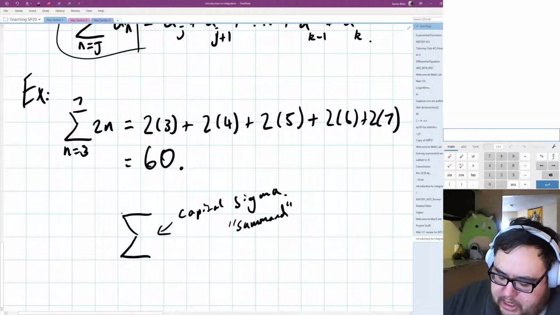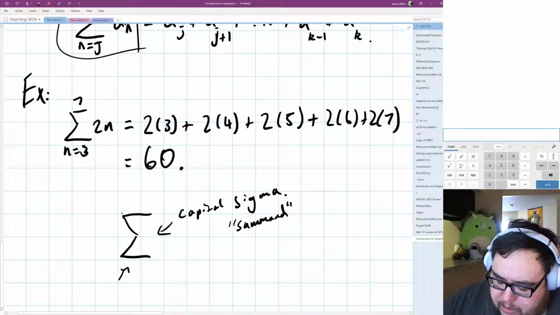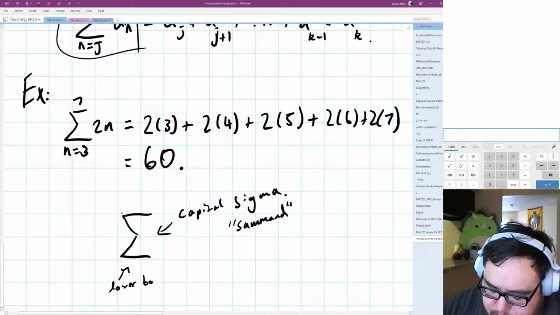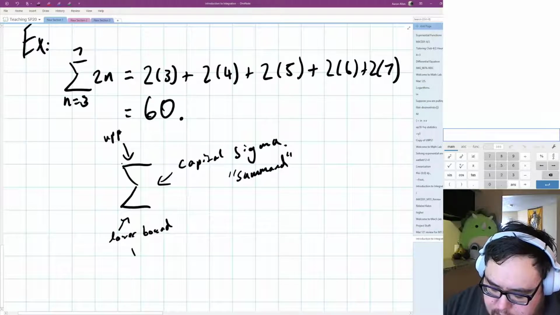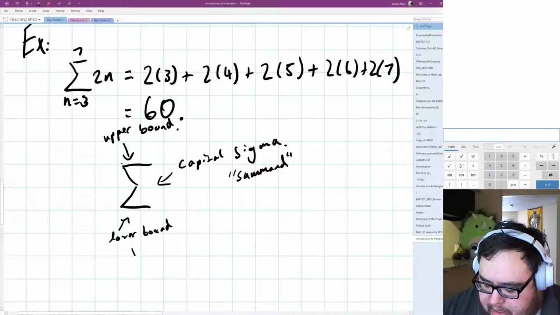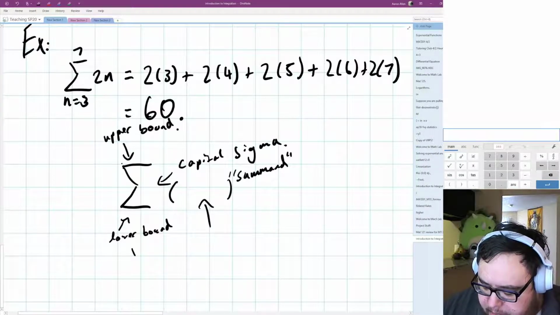And then on this capital sigma, we have bounds. We have a lower bound and an upper bound. And then we have the things we're actually adding up.